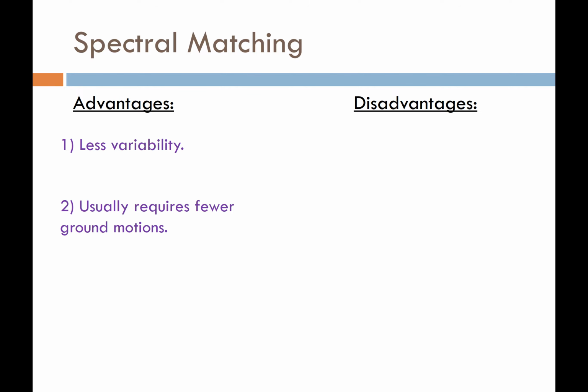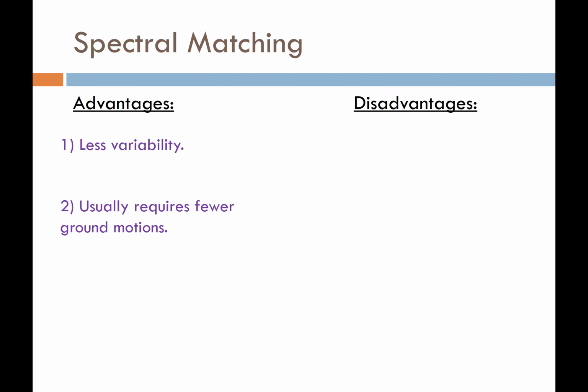Because there's less variability in the response spectra, it usually requires fewer ground motions. Now, with time history scaling, code may require at least 7 time histories, but the code used to require as few as 3 time histories for spectrally matched ground motions.